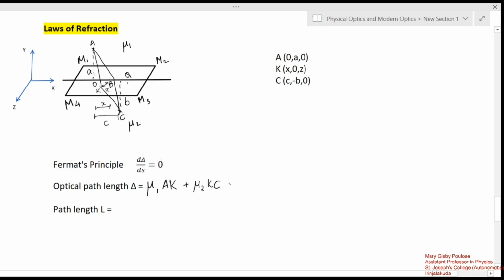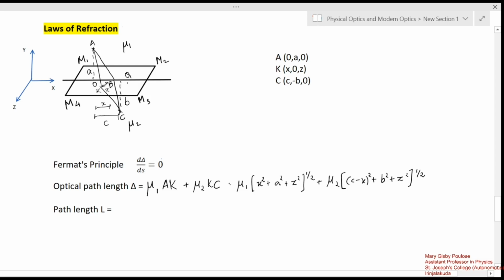This can be written as mu1 into square root of (x minus 0) whole square, that is x square, plus (0 minus a) whole square, that is a square, plus (z minus 0) whole square, that is z square, plus mu2 into square root of (c minus x) whole square, plus (minus b minus 0) whole square, that is b square, plus (0 minus z) whole square, that is z square, whole raised to 1 by 2.